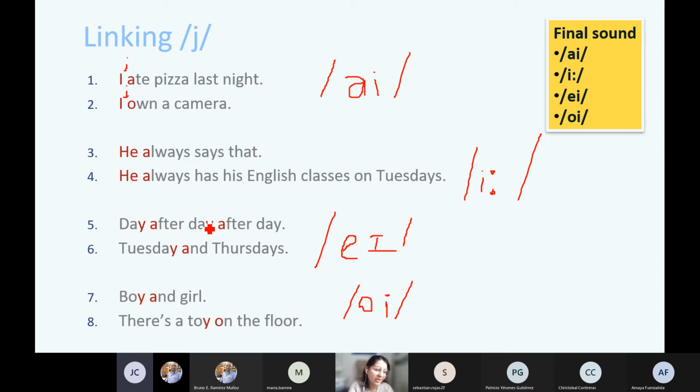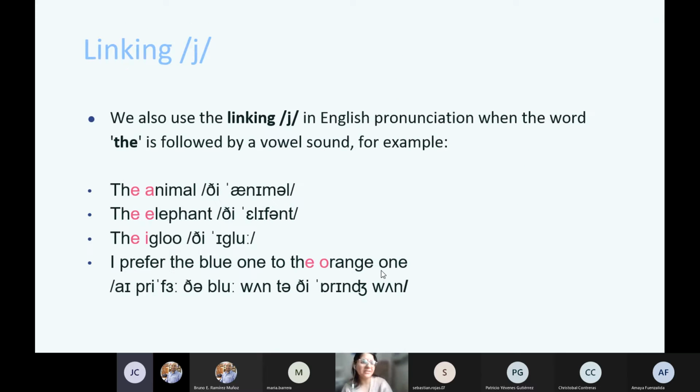So the first one is "boy-yand," and the second one, "toy-yon." Cristobal, can you pronounce these examples, please? Yes, miss. Boy and girl, there's a toy on the floor. Thank you very much.